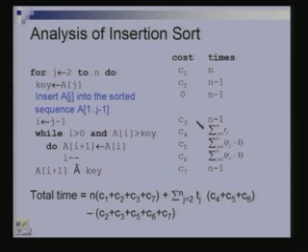So C1, C2, C3, C4, C5, C6 just represent the amount of time that these operations take, in whatever units, I don't care. And here I am counting the number of times each of these operations is executed in this entire program.